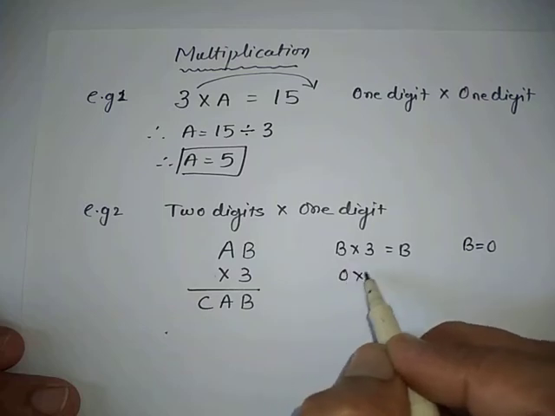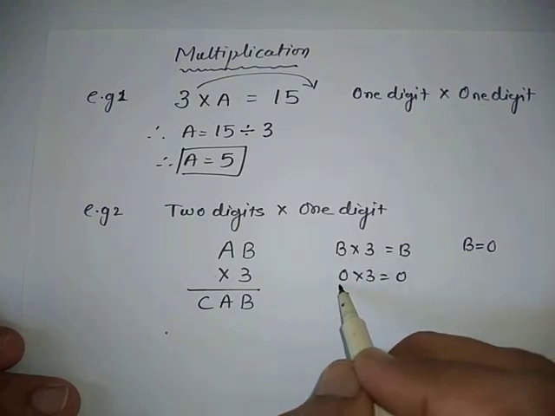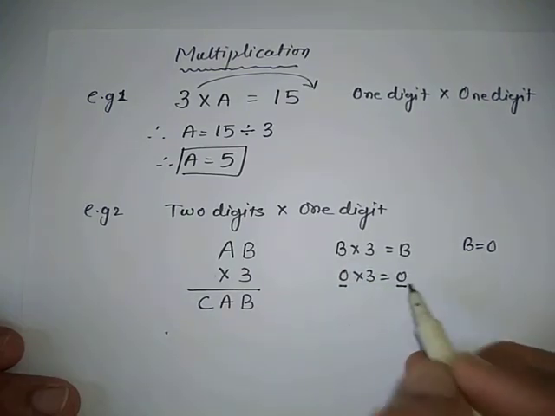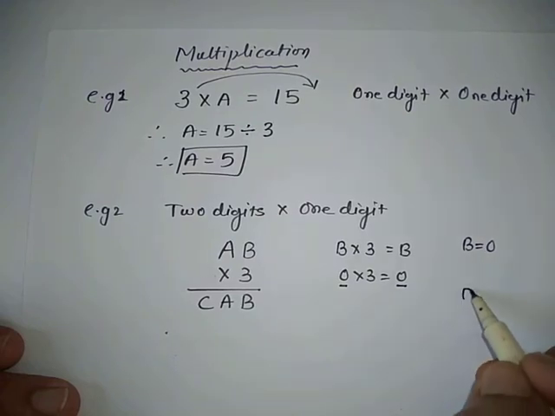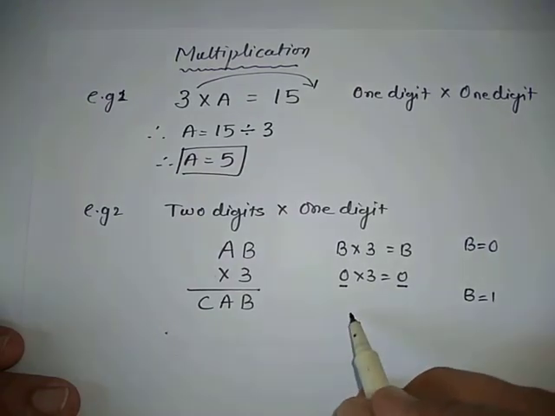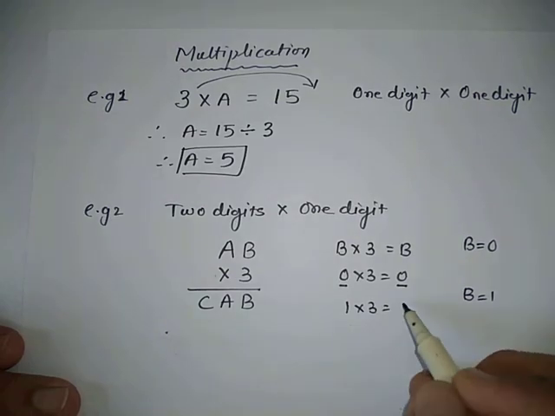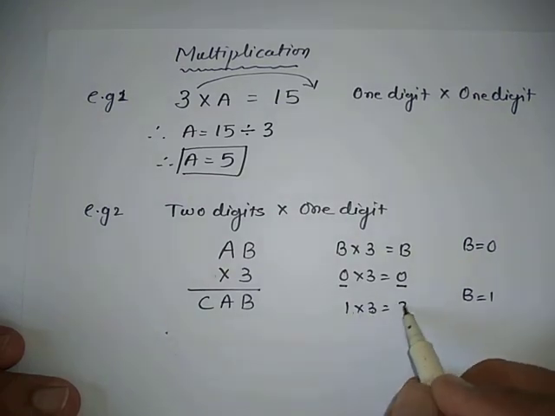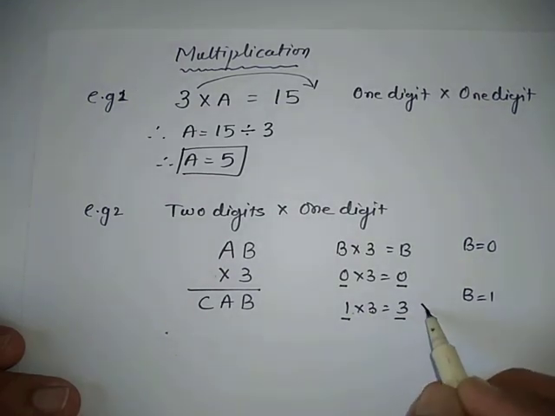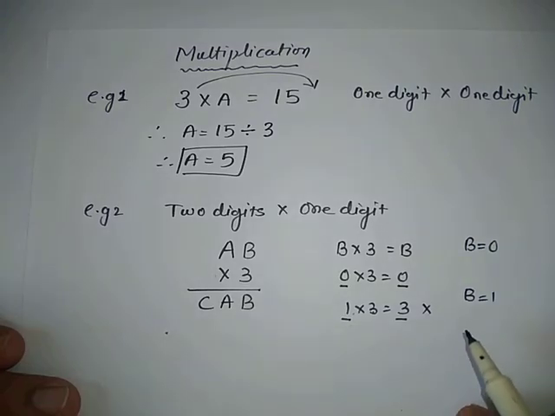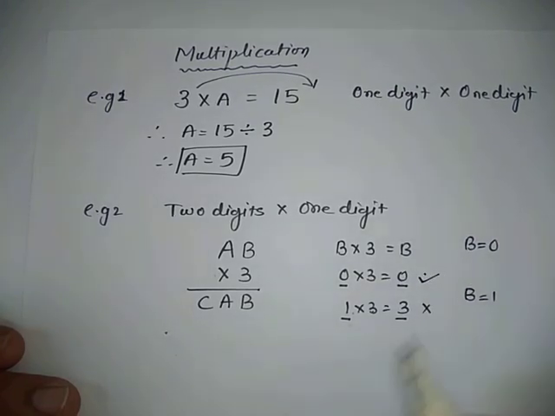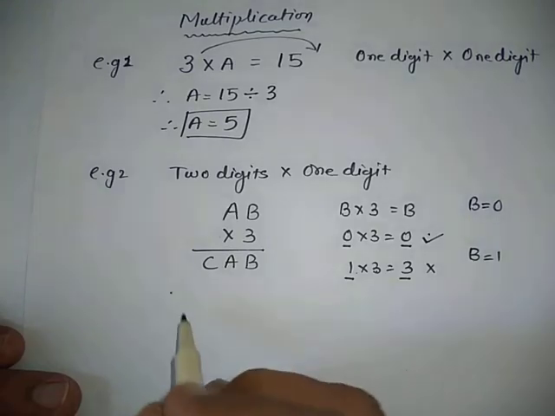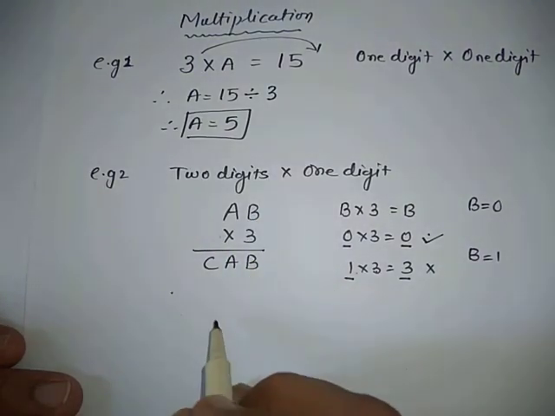That means 0 into 3 is equal to 0. Here it is possible. Here also b value 0, here also b value 0. Let's take 1 also. Cross verify. So 1 into 3, 1 3s are 3. So here and here, not the same value of b. Okay, but here it is possible. So we will take b as 0.